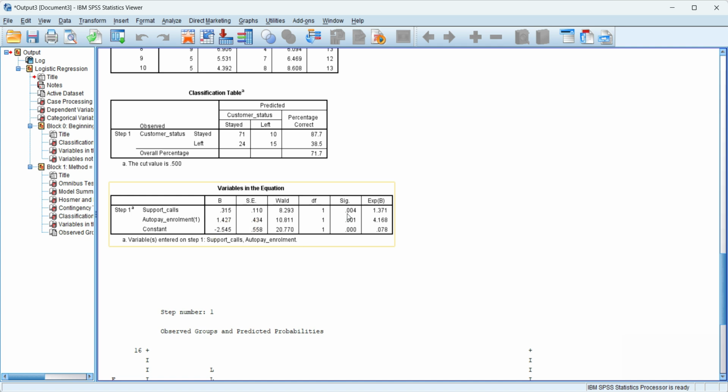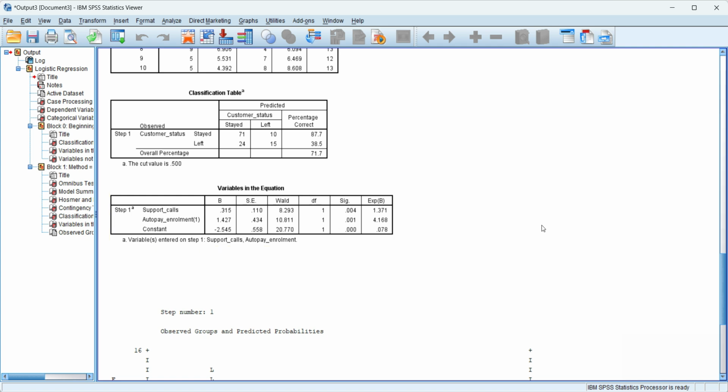So in this case, we accept the alternative hypothesis that support calls significantly increase customer retention, customer stay. On the other hand, auto pay enrollment unstandardized value is 1.427 and the standard error, Wald value and p value is also significant, which is lower than 0.05. So in this case, we also say that auto pay enrollment increases the level of customer retention, customer stay.